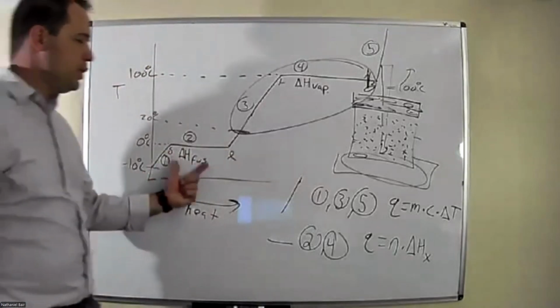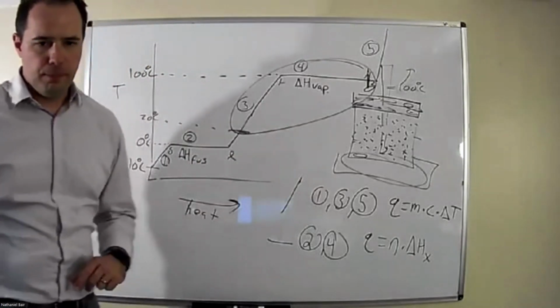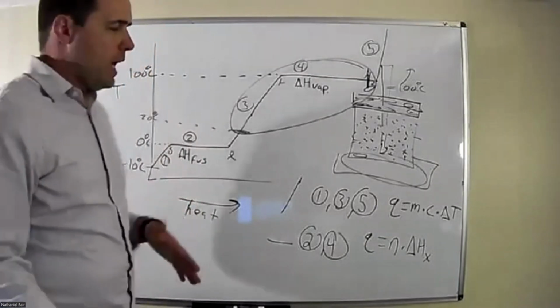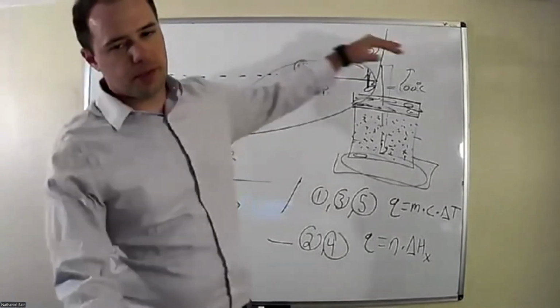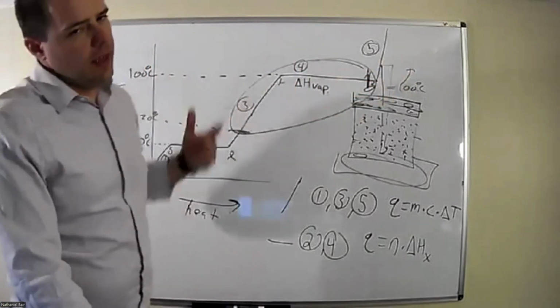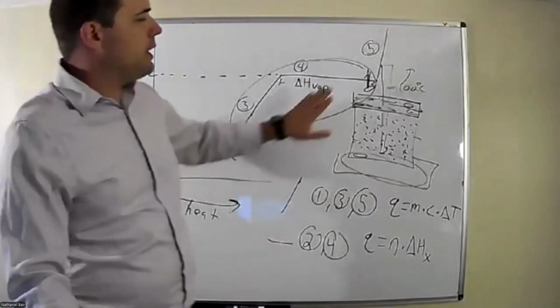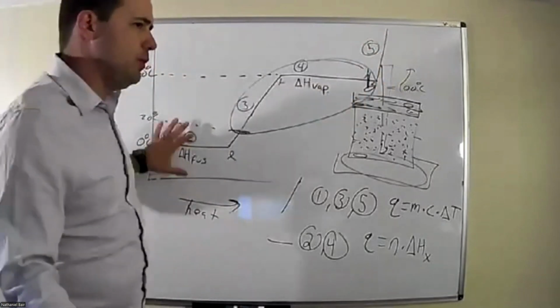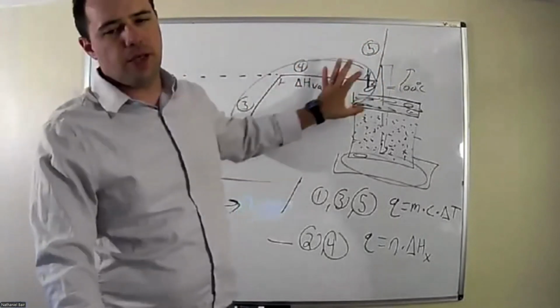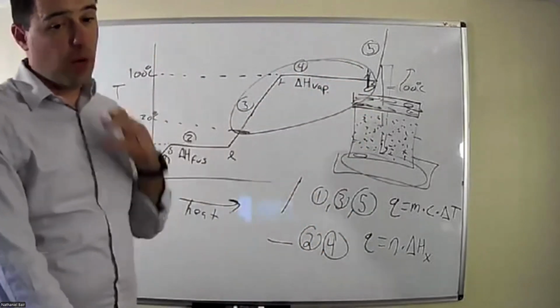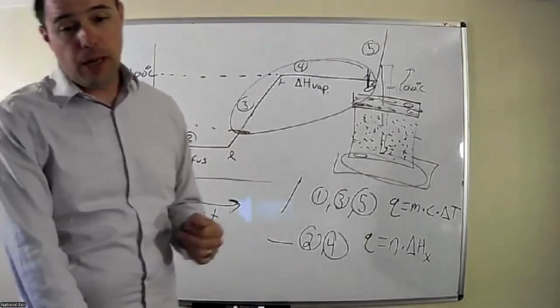So, enthalpy of fusion, enthalpy of vaporization. These problems can get a little complex, right? If I've got all 5 parts to my heating cooling curve, then I have some work to do. That would be 3 Q equals mc delta T problems and 2 Q equals n times delta H, either fusion or vaporization, depending on what I'm doing. So it can be up to 5 problems in one.